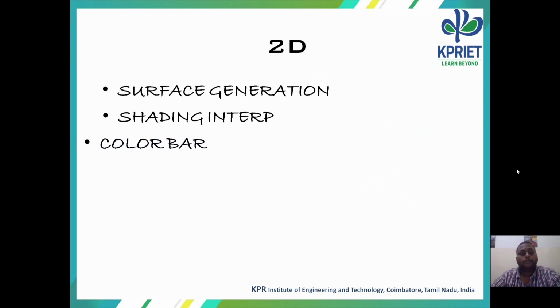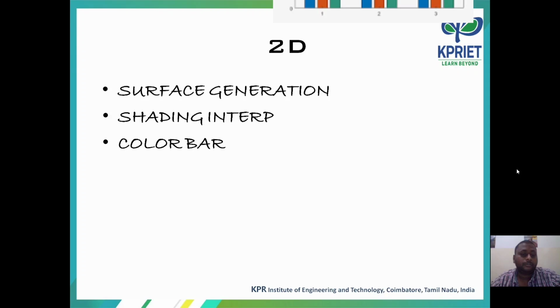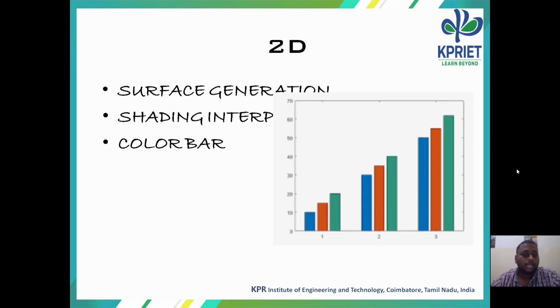And to say about the color bar, we have different types of color bar, like the same heat map where only the shading can be done, and then we can add a color bar for that. And the other color bar plotting, you know that we can plot the color bars.